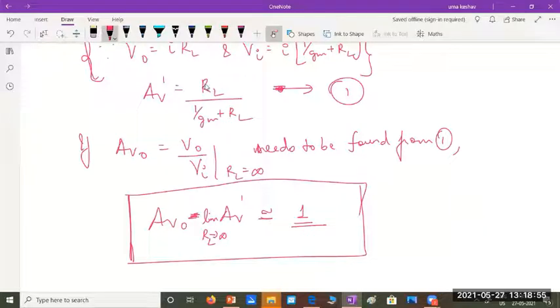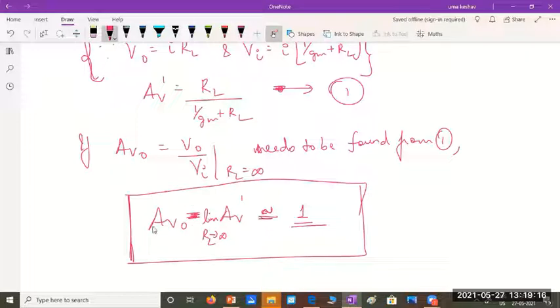See, if RL should be infinity, you divide both numerator and denominator by RL, and you will get 1 divided by 1 plus some small value, 1 by Gm RL. So surely this turns out to be approximately 1. Okay.